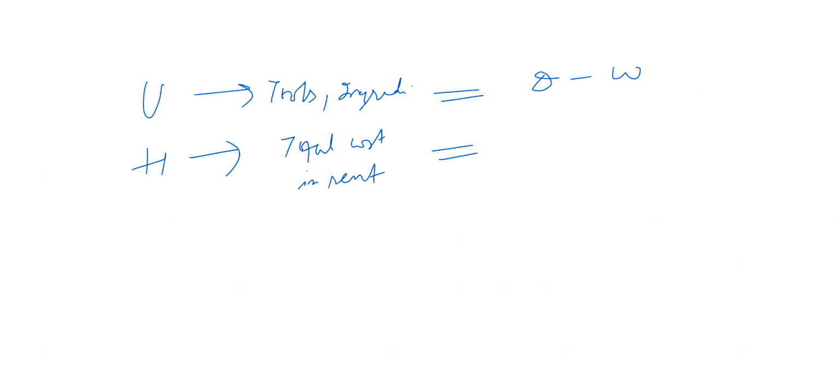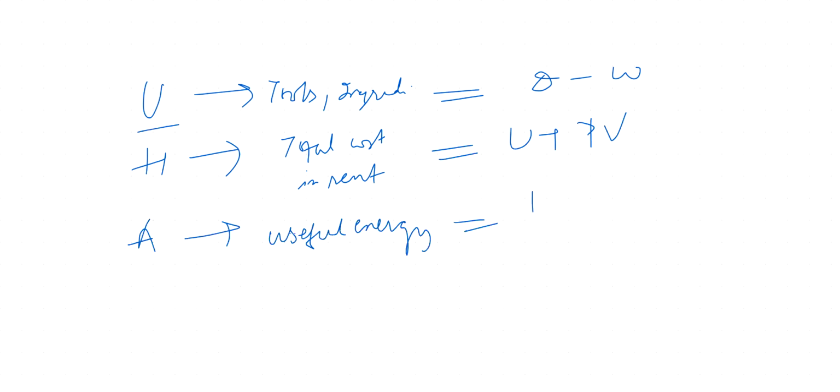Then we have A, Helmholtz energy, which provides the useful energy. So it is U minus TS. Last we have Gibbs free energy, the profit. It is the enthalpy minus the disorder factor, H minus TS.